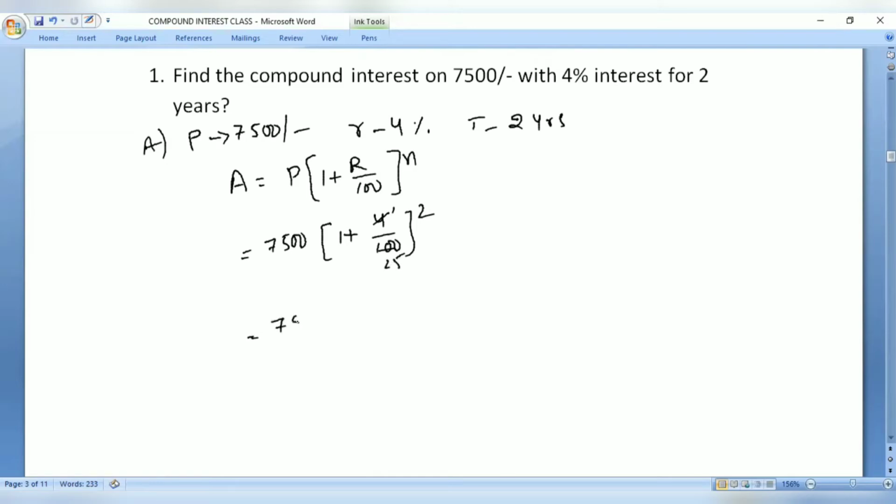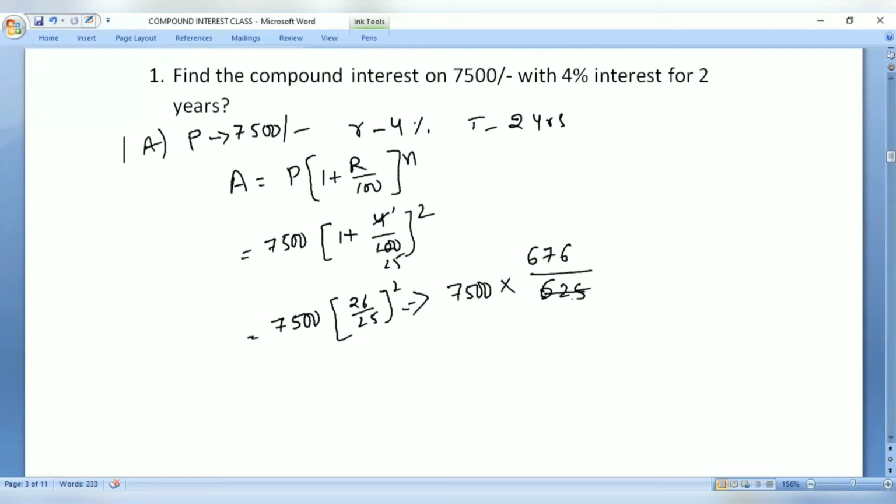So 7,500 multiplied with 25 plus 1, 26 by 25, whole square. So 7,500 into 26 square is 676, and 25 square is 625.